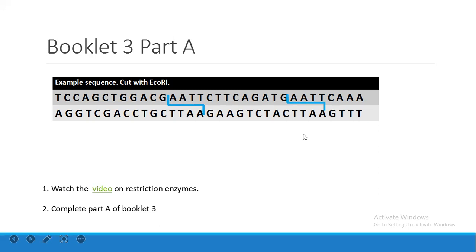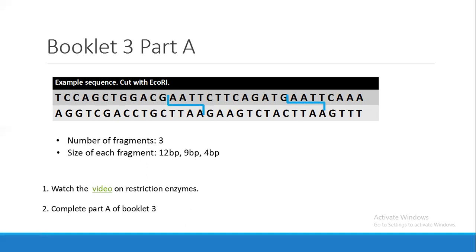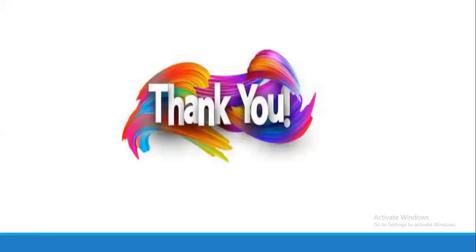So what will happen there? A restriction enzyme comes and cuts this DNA into three segments, because there are two places where the restriction enzyme can act. The number of fragments will be 3 after cutting. The sizes of the fragments will be 12 base pairs, 9 base pairs, and 4 base pairs. We can find these numbers by counting the DNA fragments.